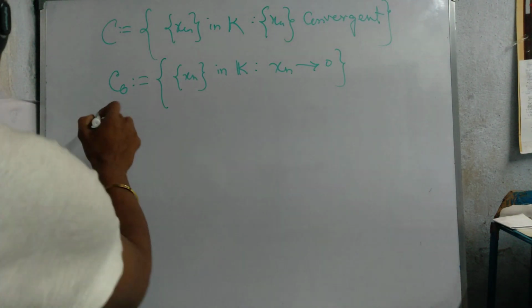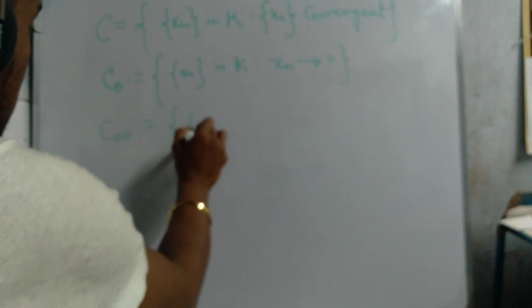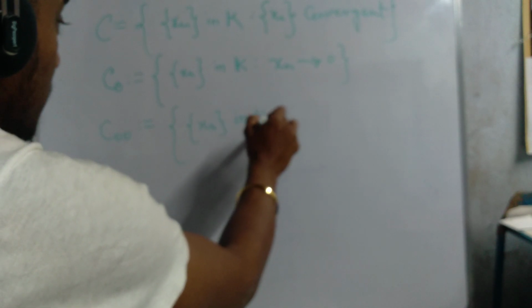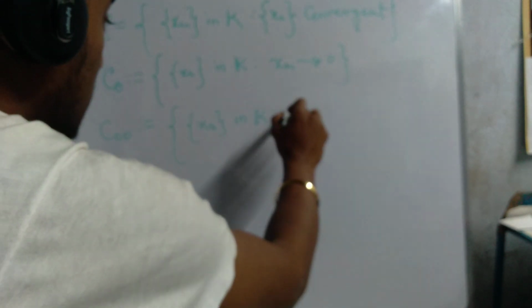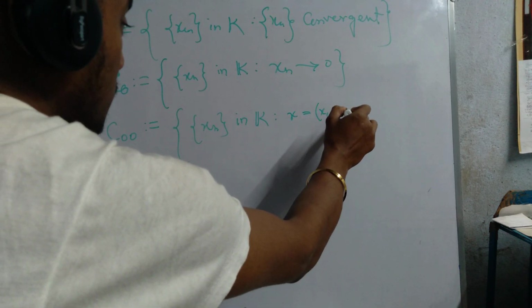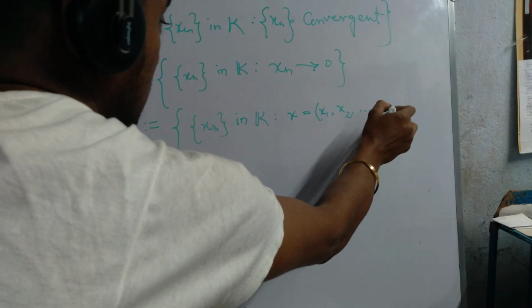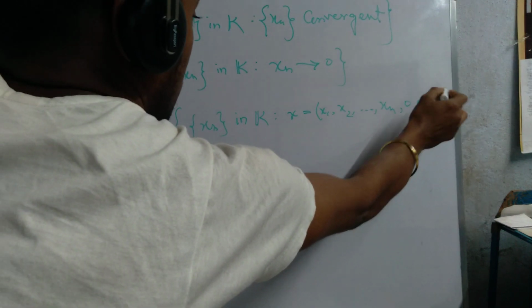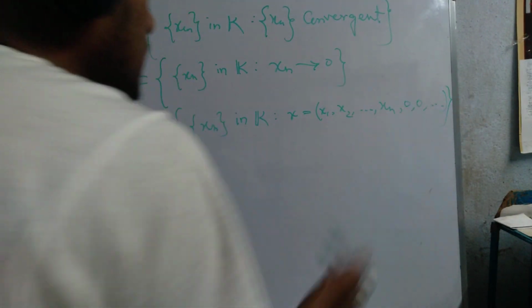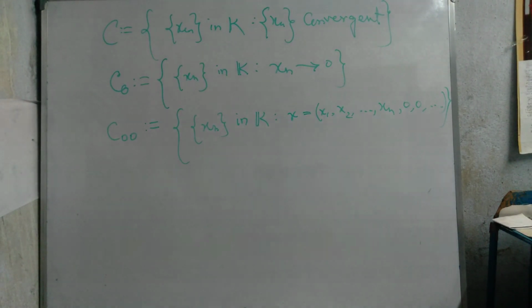And C00, here xn in K such that x equal to x1, x2, ..., xn, 0, in this way. These terms are represented, some terms x1, x2, ..., xn and others are 0.